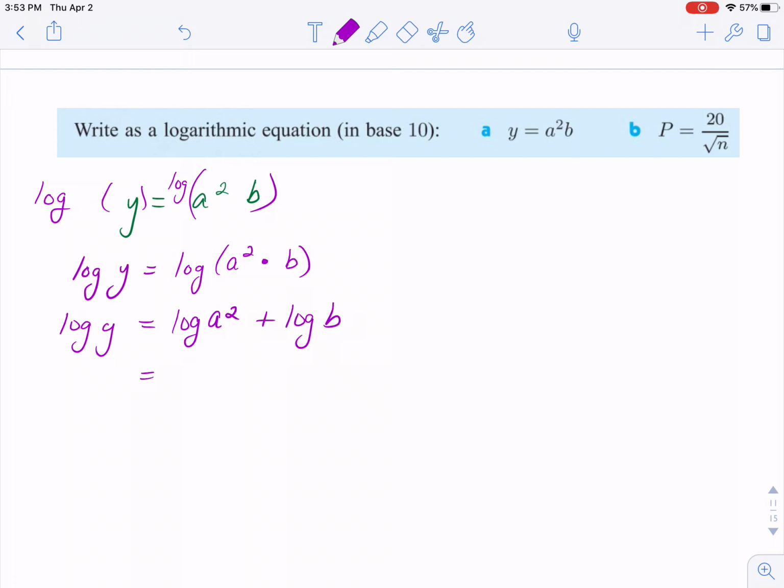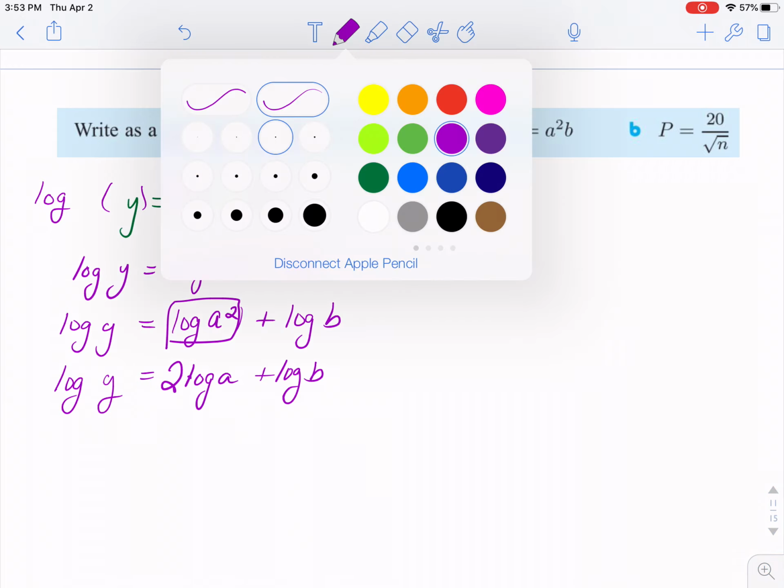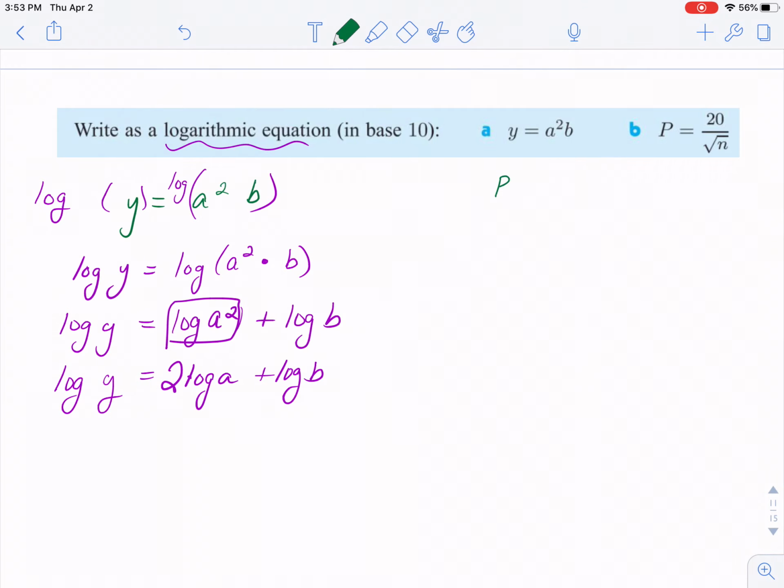I'm going to switch this first one with your exponential into 2 times the log of a plus the log of b, and that's equal to the log of y. Now again, all I'm asking you to do is write it as a logarithmic equation in base 10, so that's just an expansion piece there. We're done.